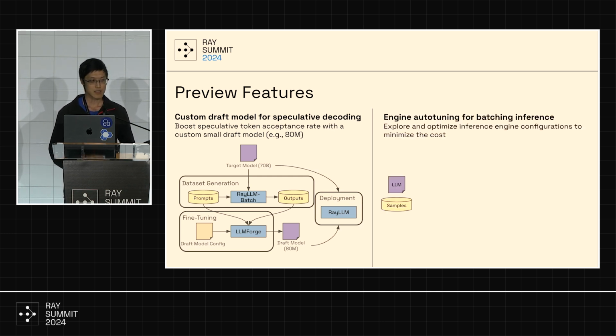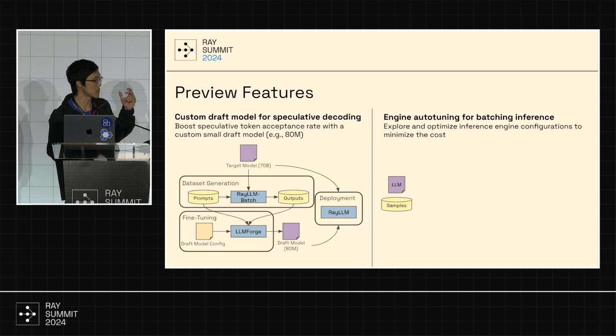In addition to that, as I just mentioned, in the batch inference case, because we can optimize the engine configuration based on your use cases, the throughput can be significantly different with and without the optimization. It can be as different as 2x or even more. So in order to figure out the best configuration for your workload, we are offering the engine configuration optimizer, which will explore and optimize the engine configurations to minimize the cost for your workloads.